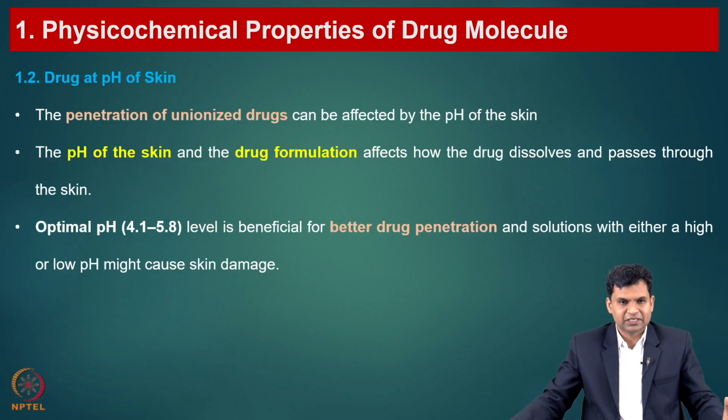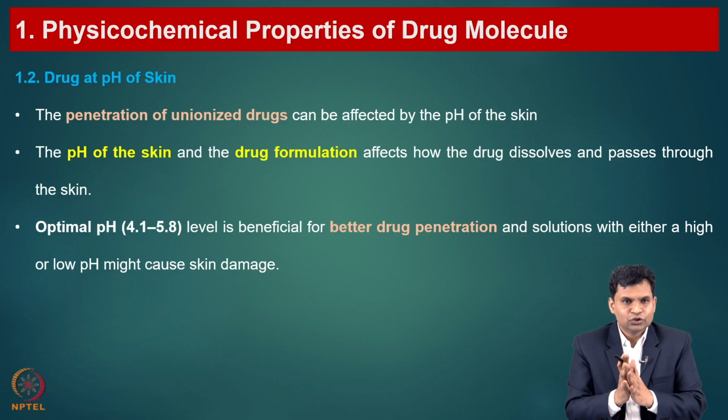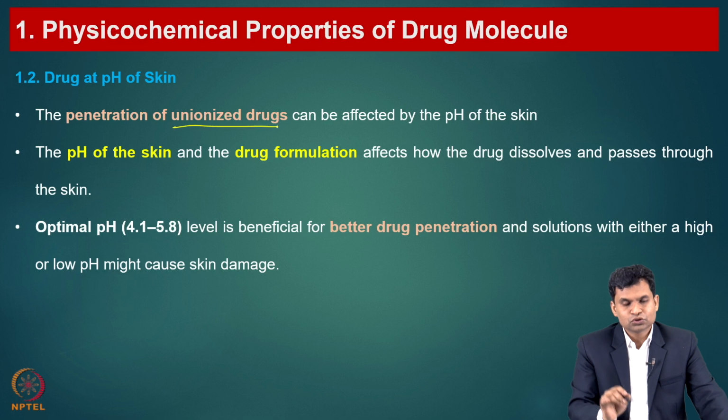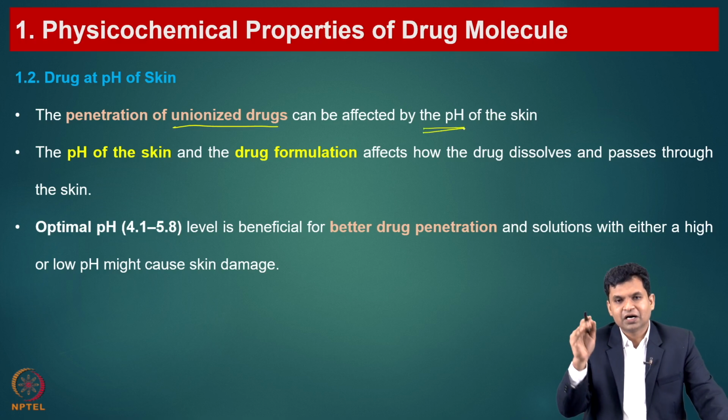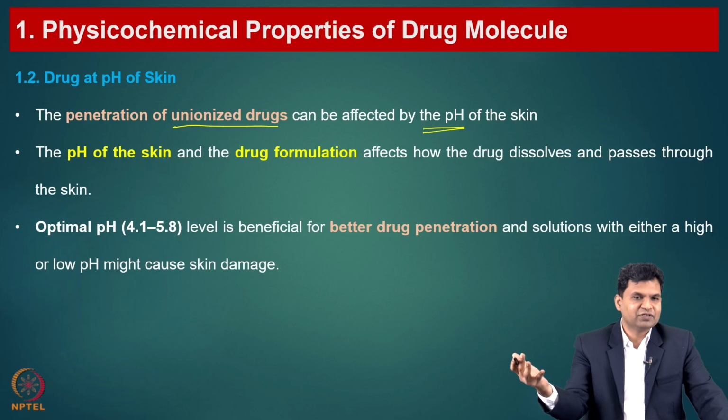Now we know that for the permeation of the drug, your drug needs to be in the unionized form. So, that is affected by the pH, whether it may be oral or any other formulation. So, the pH of the delivery site is very important, as that will ultimately influence the ionization of the drug.